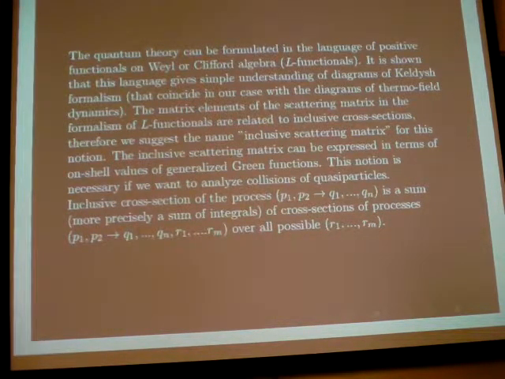Because if you have an equilibrium state, you really do not have stable quasi-particles. The best thing that you have is some almost stable quasi-particles. And when you collide them, there is almost no hope that you will get only stable quasi-particles.